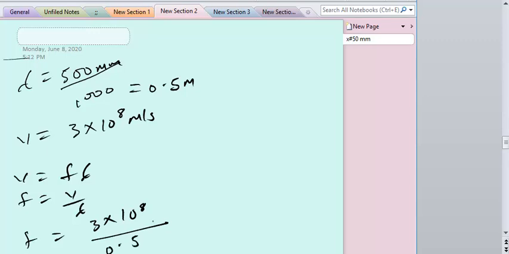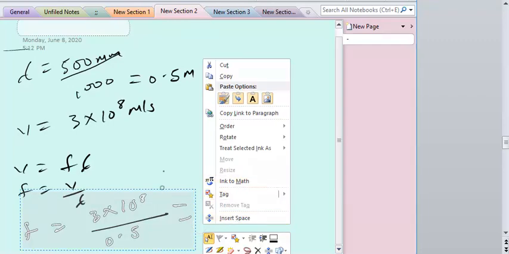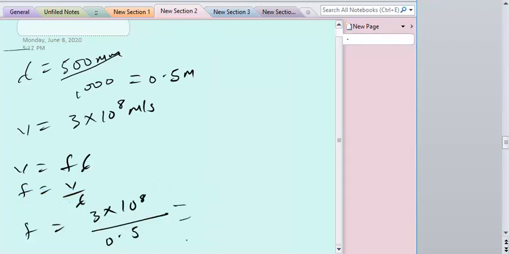If you punch your calculator there, it will give us 6 times 10 raised to the power of 8 hertz. So that is that.